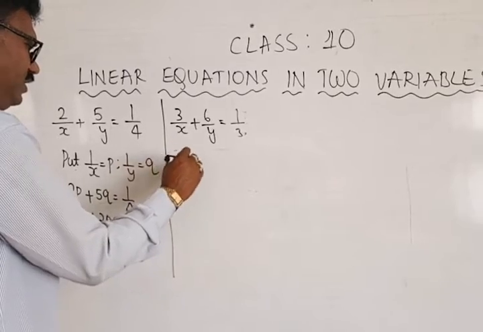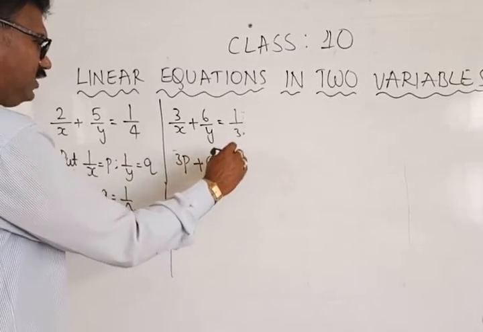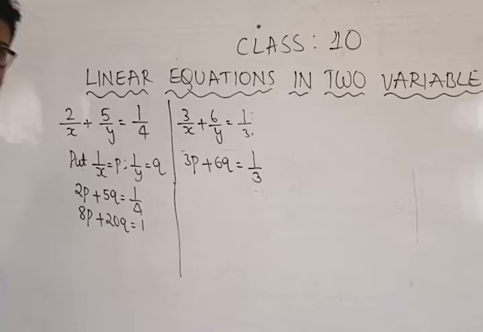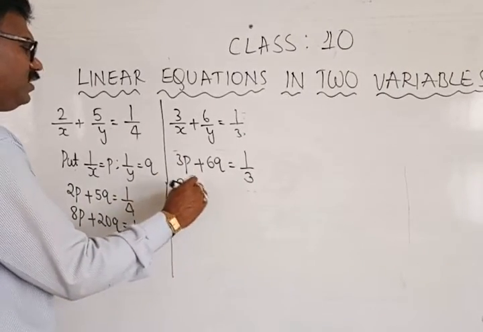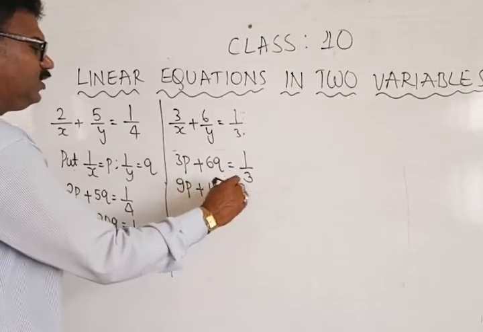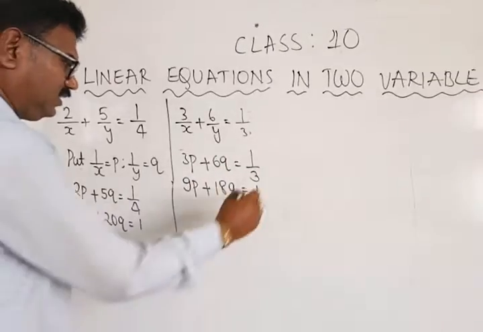Therefore 3p plus 6q equal to 1 by 3. Now multiply by 3: 9p plus 18q equal to 1.